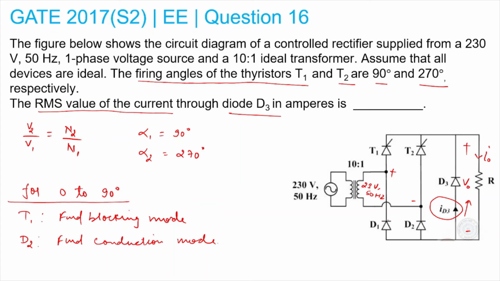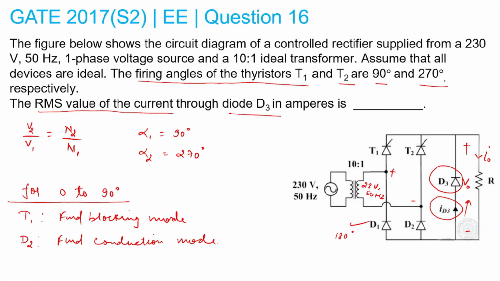Means at 180 degree, D1 would get turned on, and T2 should get turned on, then it has to supply the load. But the catch here is that the alpha for T2 would be 270 degree. So here D1 and T1 should freewheel the current, since we have the diode D3, it will freewheel the current.